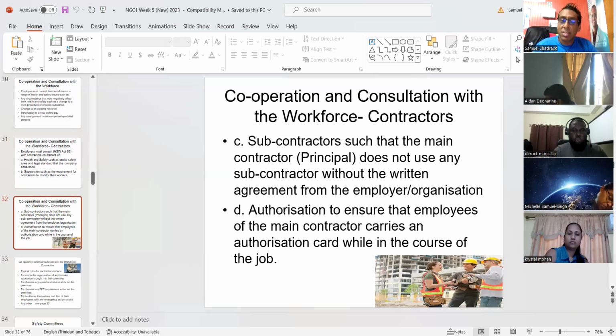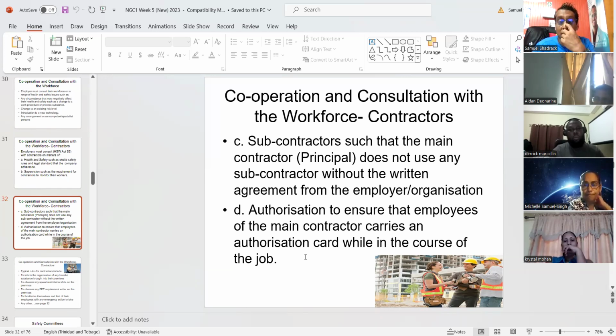Employers must consult contractors on who their subcontractors are, right? Who is the main contractor? And you cannot use any subcontractor without first informing the organization. Employers must consult contractors on the authorization, to ensure that employees of the main contractor carry an authorization card while in the course of their job.